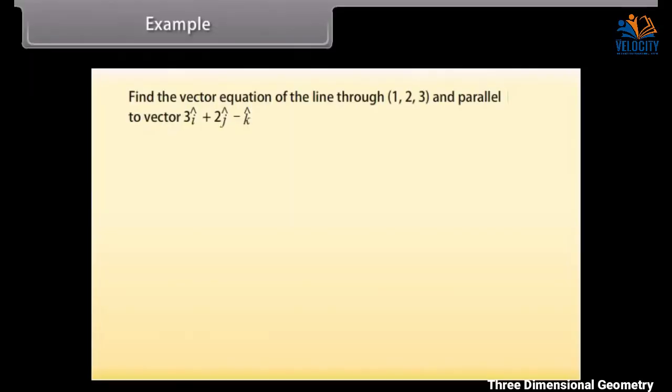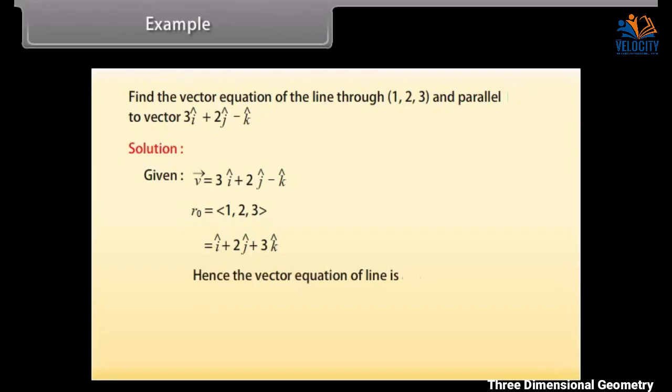Example. Find the vector equation of the line through (1, 2, 3) and parallel to vector 3i plus 2j minus k. Solution. Given vector v equals 3i plus 2j minus k. Position vector a equals (1, 2, 3) equals i plus 2j plus 3k.